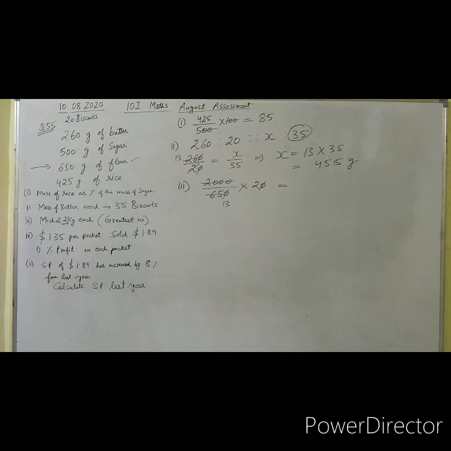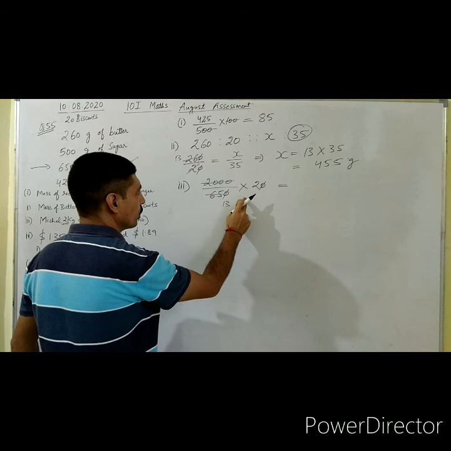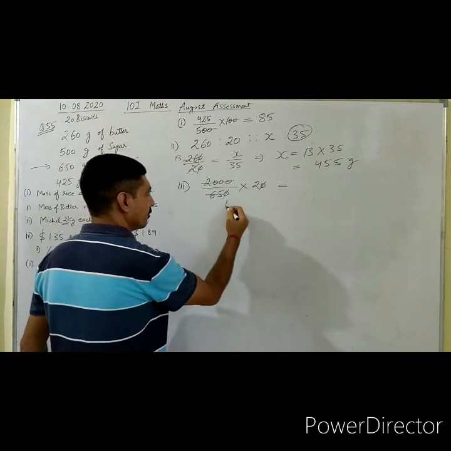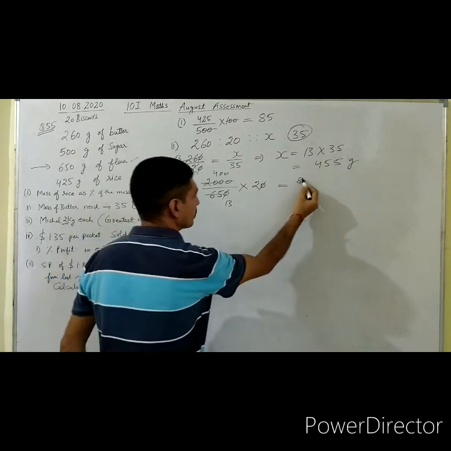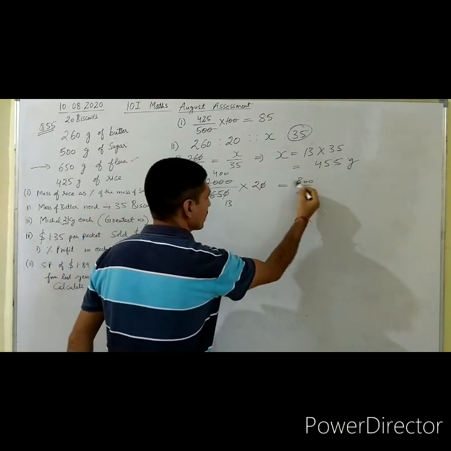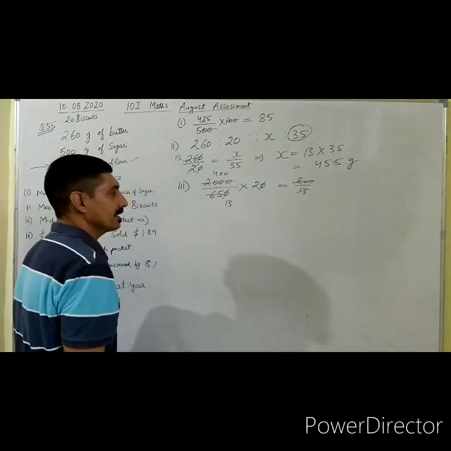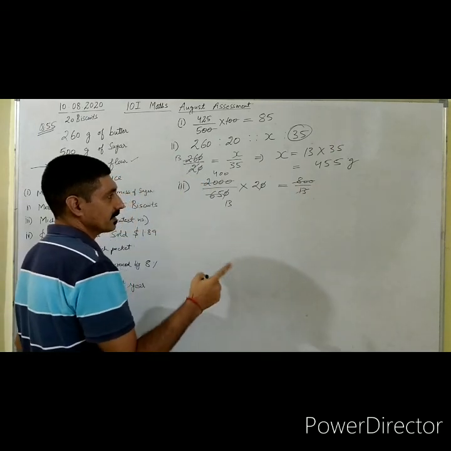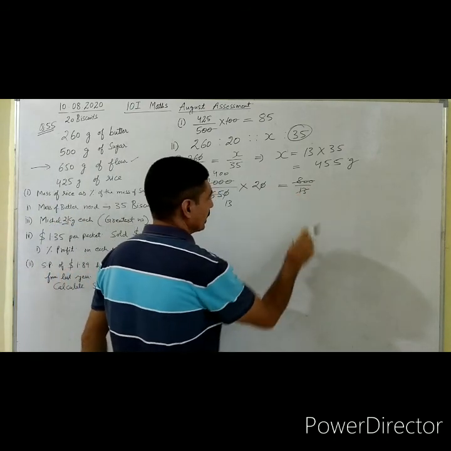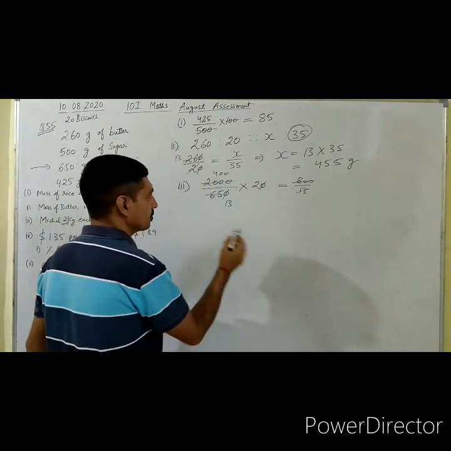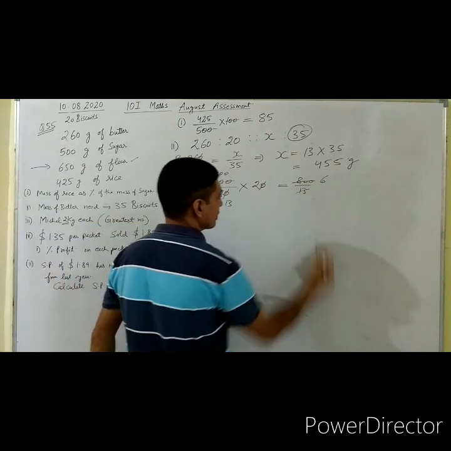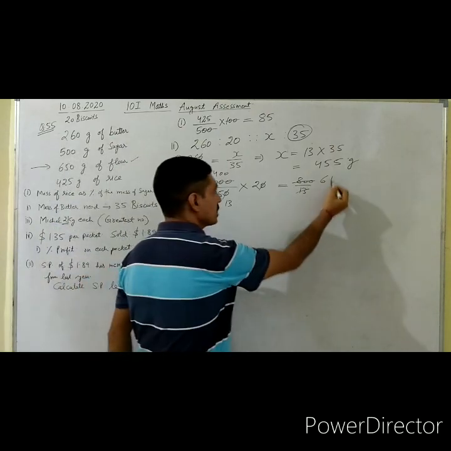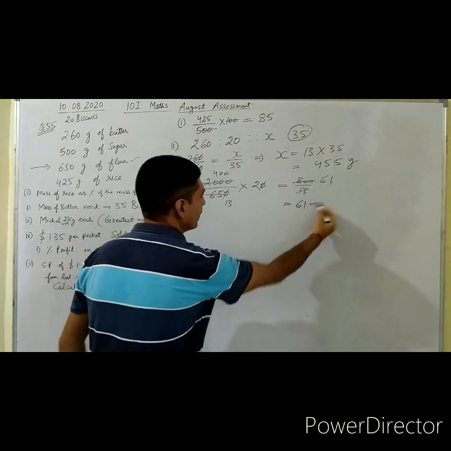So let's check what the value is: 40000 upon 650, that is 4000 upon 65, 800 upon 13. 13 nines are 117, 13 sevens are 91, 13 sixes are 78, and 2 13 ones are 13. So what is it? 61 biscuits, right?